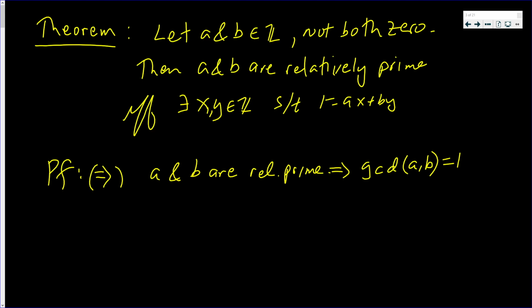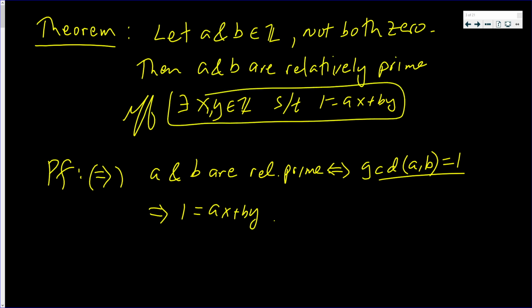I can even say if and only if. But if the GCD of a and b is any number, then that number, in this case 1, is a linear combination of a and b. But that's what I wanted to show. There exist x and y. Let me state that: for some x and y in the integers.